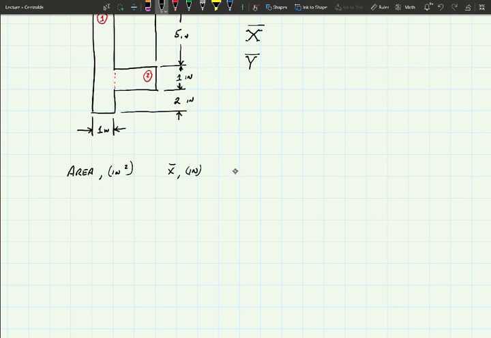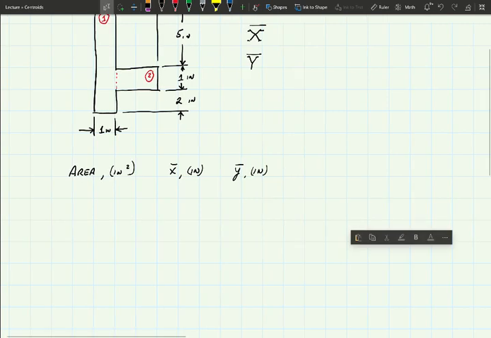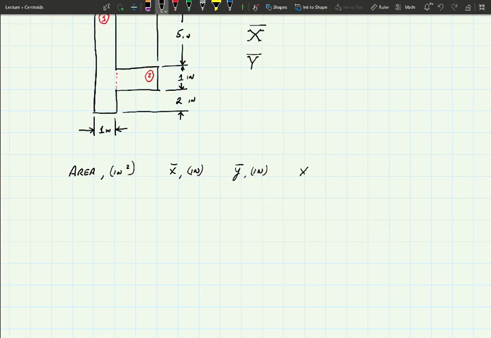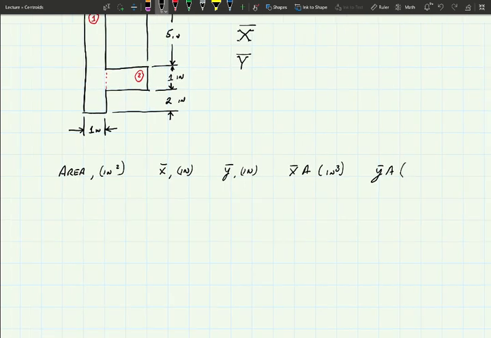Then we're going to look for Y bar, and that's going to be in inches. And then we're going to look for X bar A, and that'll be inches cubed. Okay, then we're going to look for Y bar times A, and that'll be in inches cubed also.